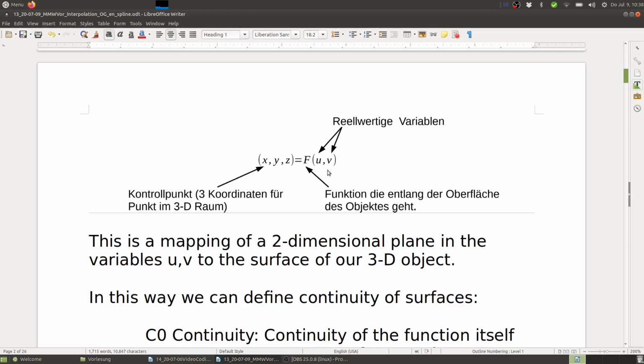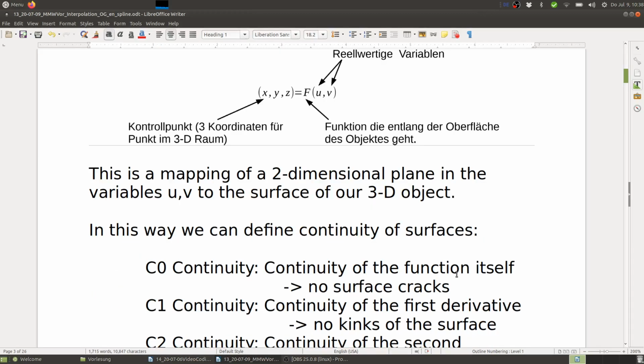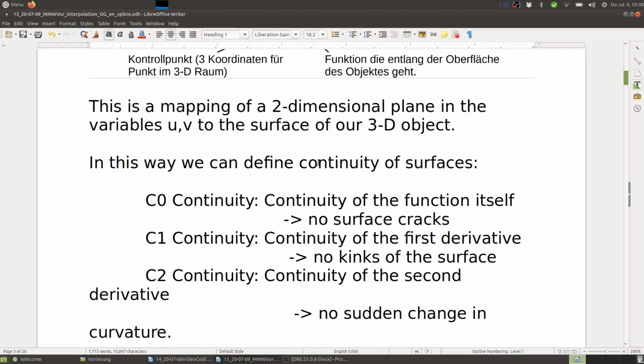And then this 2D surface, using this function, is mapped into 3D. So this is a mapping of a two-dimensional plane in the variables u and v to the surface of our 3D object. Right? So this f is then doing the interpolation, and since this function is given, we can also compute how continuous it is.